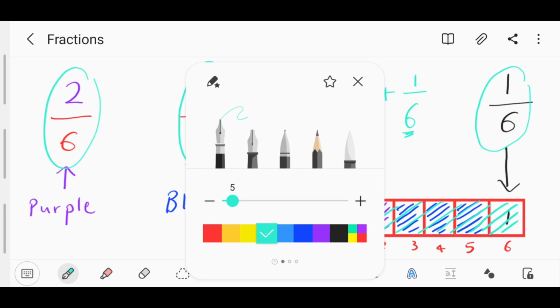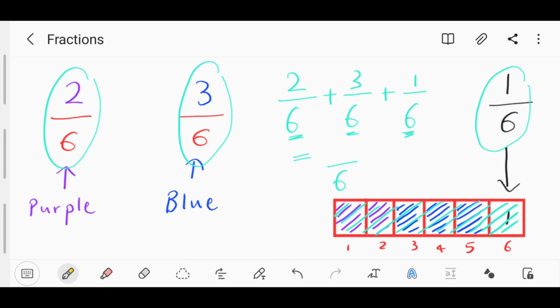And then we go ahead and add the numbers in the top. 2 plus 3 plus 1. So 2 plus 3 is 5 and then 5 plus 1 is 6. So our answer for adding all of them up is 6 over 6, which makes sense because there's 6 parts in total. So this 6 over 6 can also be shown as 1 because this 6 out of 6 is one entire whole.